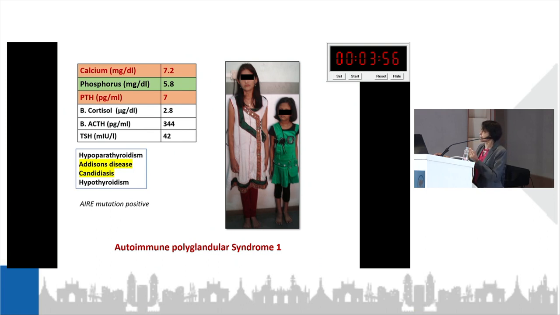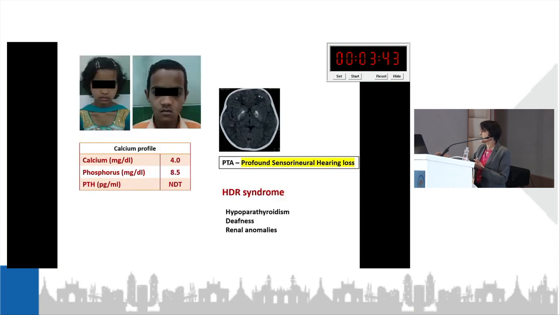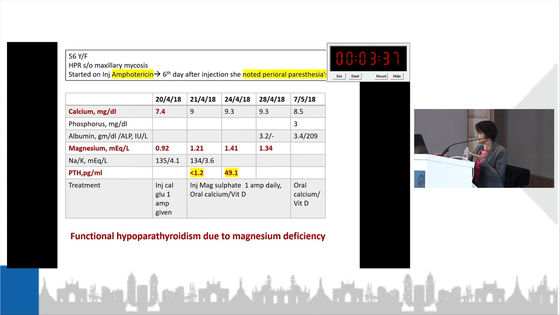So these patients can present with status epilepticus because of hypocalcemia, where it becomes necessary for us to look for other endocrine gland related dysfunctions, or a genetic syndrome which is associated with other components of the syndrome like deafness in these two brother and sister, and of course drug-induced hypocalcemias which act through different mechanisms.